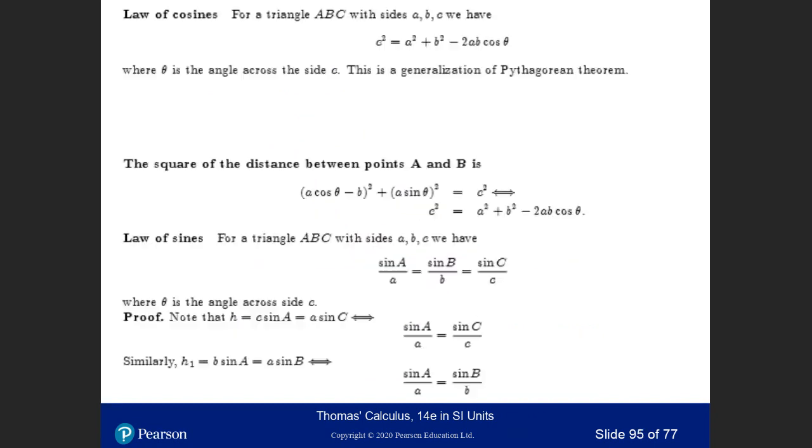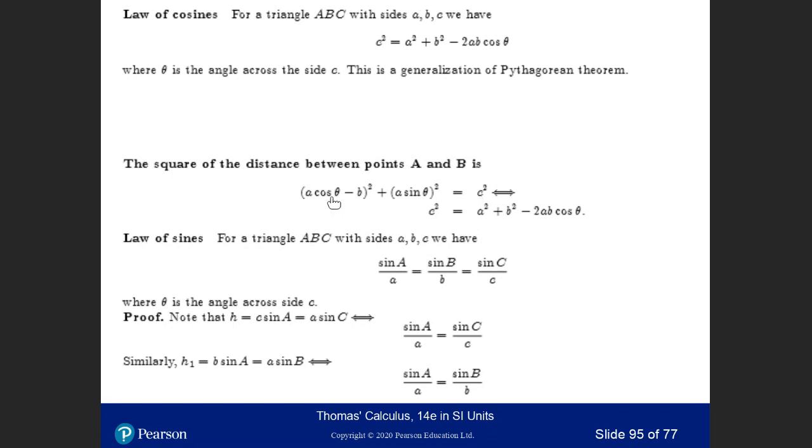So we have a cosine theta minus b, squared, plus a sine theta squared, is equal to c squared. Okay, so that's the Pythagorean theorem.